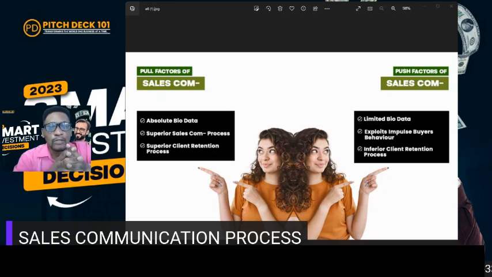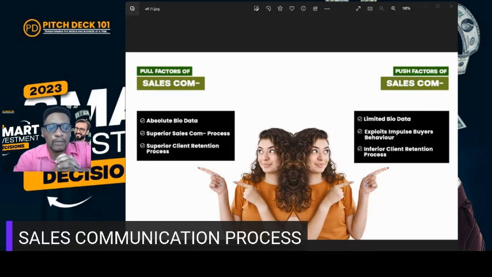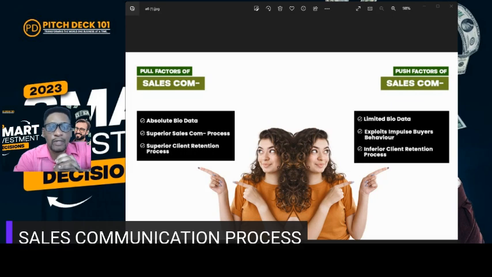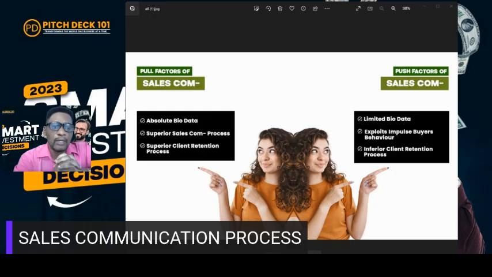Now, when you look at the screen that is right before you, under the pull factors of sales communication, you have things like absolute biodata, superior sales communication process, and superior client retention process. This all sums up the elements that are deployed in the pull factors of sales communication.